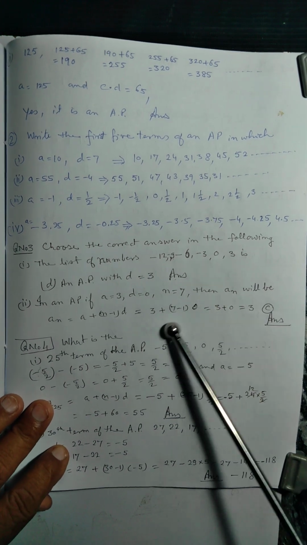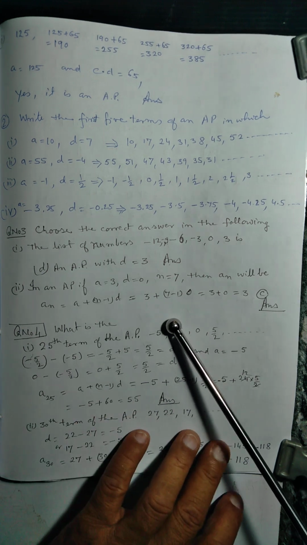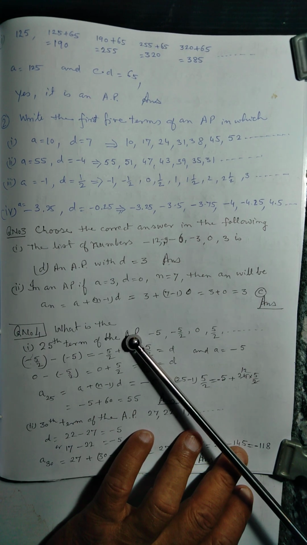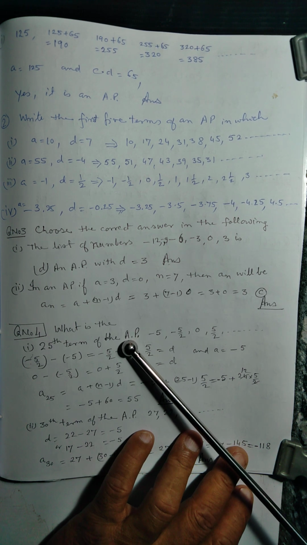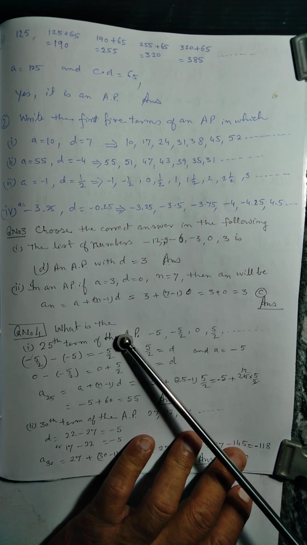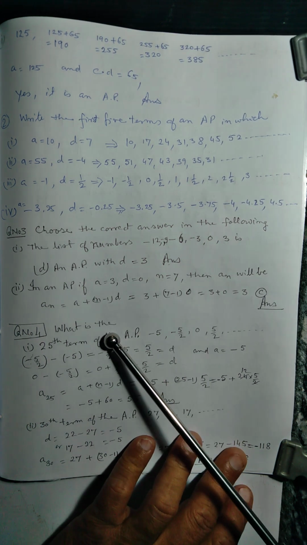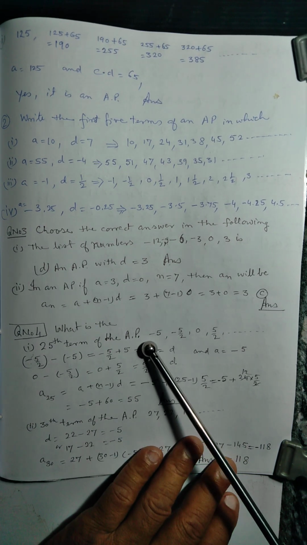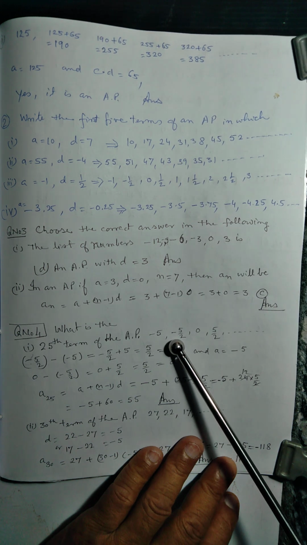Now proceed to the question number 4. What is the 25th term of an AP, if AP is given, that is minus 5 by 2, 0 and 5 by 2. You see the 25th term you have to find out.